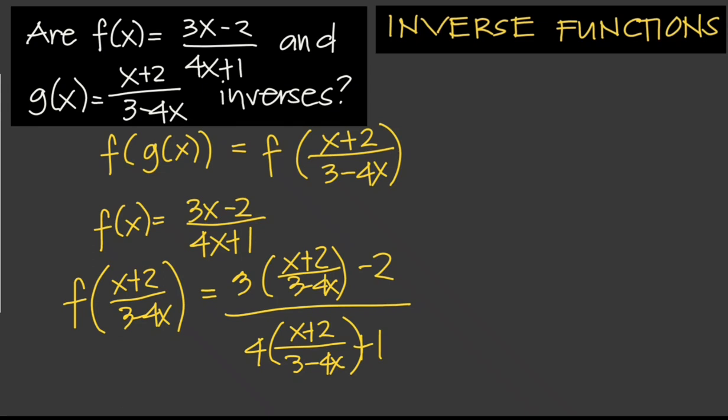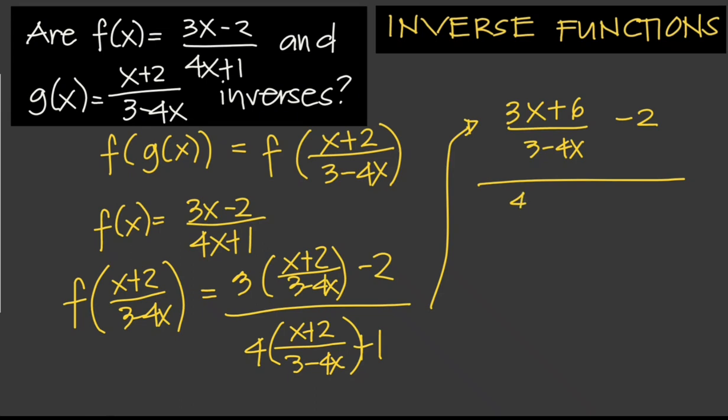We distribute 3 and 4 into the numerators and then simplify. We get the LCD, which is 3 minus 4x. This would become 3x plus 6 over 3 minus 4x minus 2, over 4x plus 8 over 3 minus 4x plus 1.